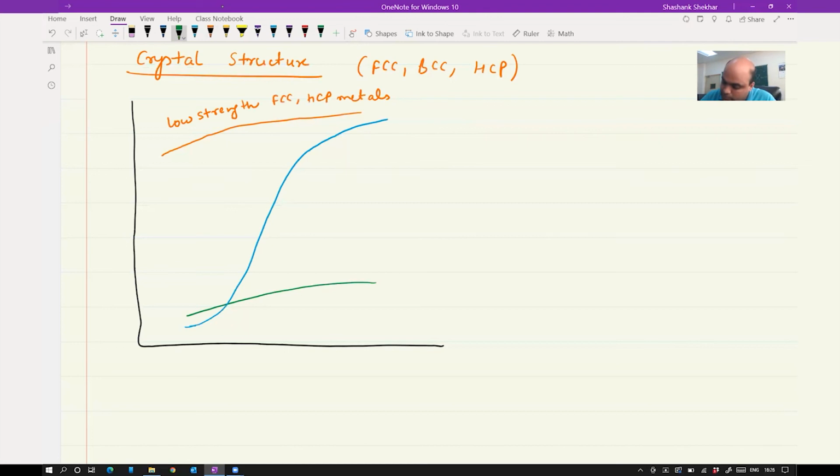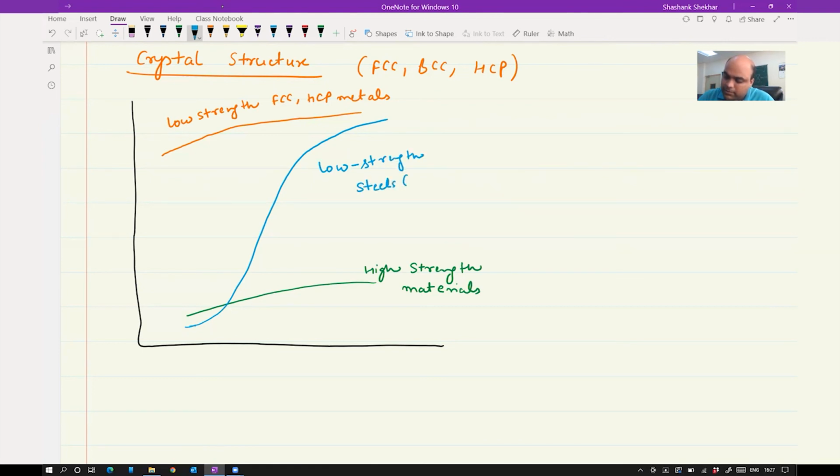Green one will correspond to high strength materials. And the blue one, which we have studied till now in this particular topic, is for low strength steels.